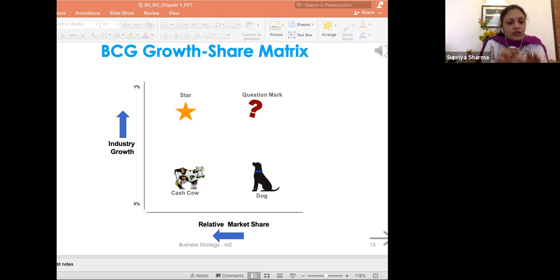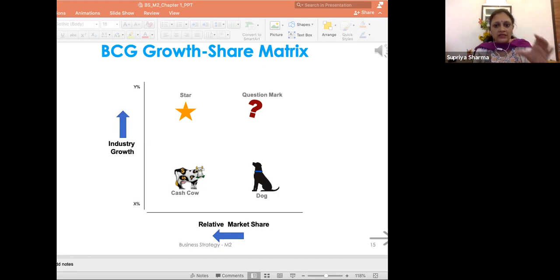So the end profitability may not be that high from a star product. Are you getting me? The net cash flow out of a star product may not be very high. It will be modest.